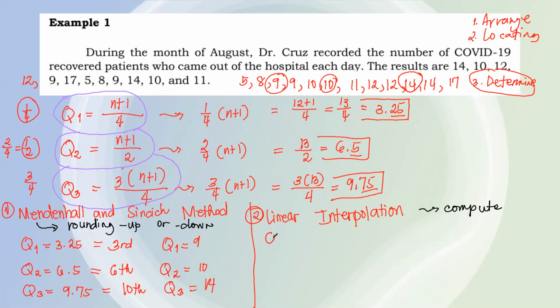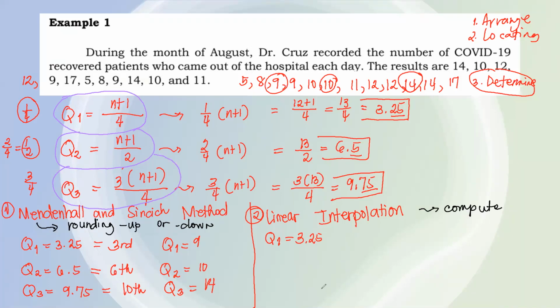So, let me give you an example. So, si first quartile, remember that is in the 3.25th data. Yung third data natin is 9. And the fourth data is 9 also. Okay? So, nasa pagitan nilang dalawa. Pero kasi pareho sila, no? Nagkataon na pareho yung data natin.